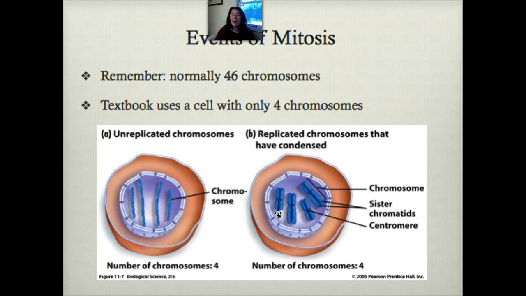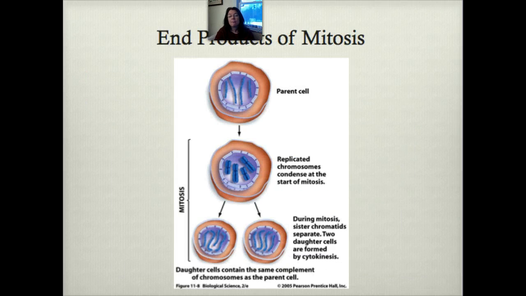So keep in mind when you're using your textbook to study that we're looking at the cell of an imaginary organism that only has 4 chromosomes inside of it. And for that reason, when we get to the end of mitosis in this imaginary organism, our brand new daughter cells are only going to have 4 chromosomes inside of them.